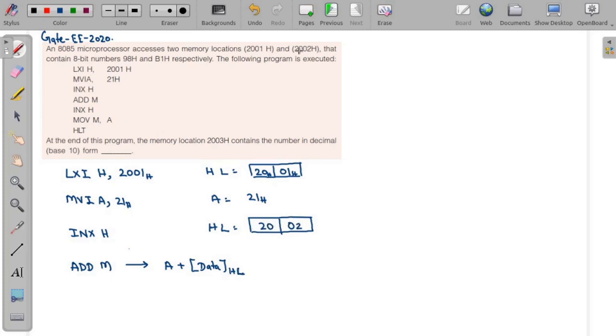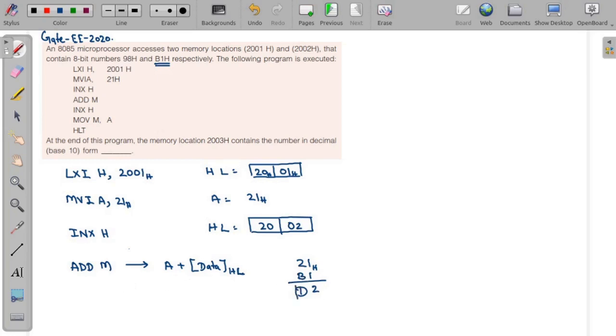So you can see at 2002 we have been given the value B1H, and in A we already have 21H. So 21H plus B1. So this will be 2, B corresponds to 11, and 11 plus 2 is 13, 13 is D.